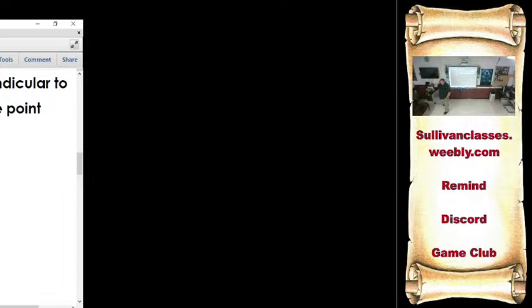Okay. So, what does the word perpendicular mean? Like 90 degrees across. Creates a 90-degree angle. How does that work in terms of slopes and lines? I like the vocabulary. Negative reciprocal. Flip it, opposite.